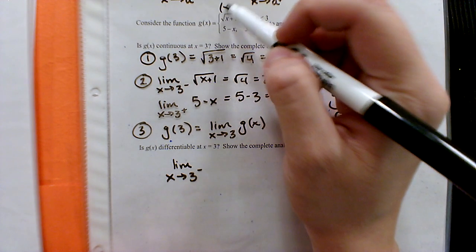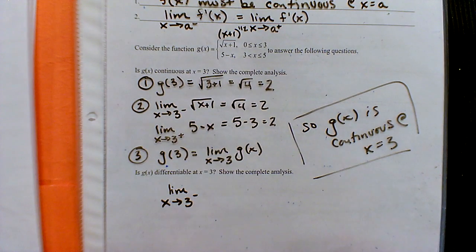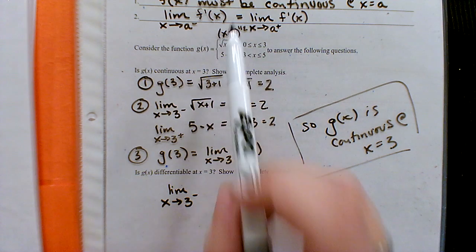So if you were to rewrite this, how might you want to find the derivative? We have x plus 1 to the 1/2. What shortcut do you want to use?